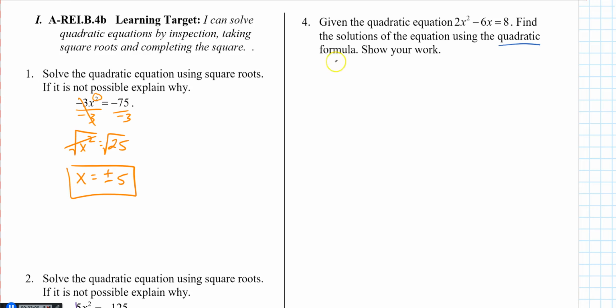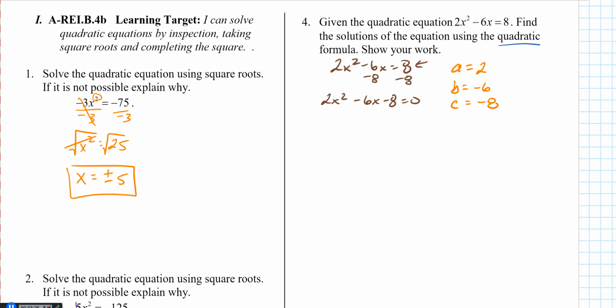So if we're going to solve 2x squared minus 6x equals 8 using the quadratic formula, I need it to be equal to 0. So I'm going to subtract the 8 from both sides. So 2x squared minus 6x minus 8 is equal to 0. And now I can identify my a term, which is 2, my b term, which is negative 6, and my c term, which is negative 8.